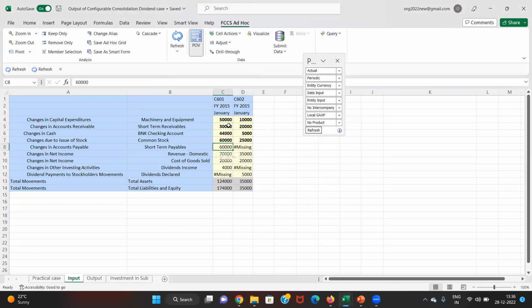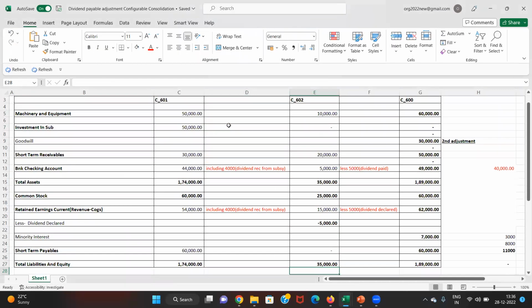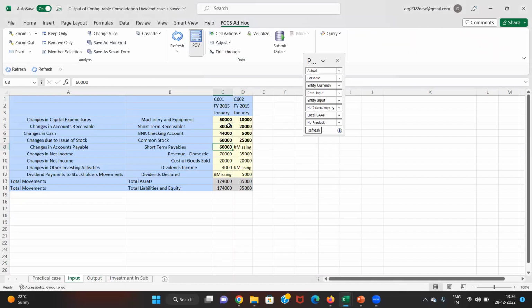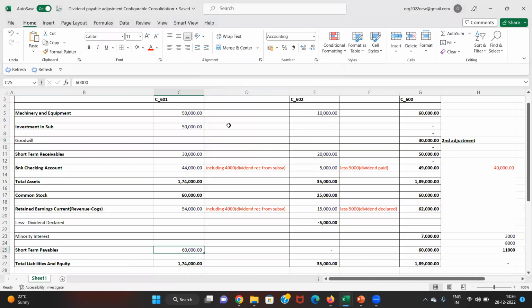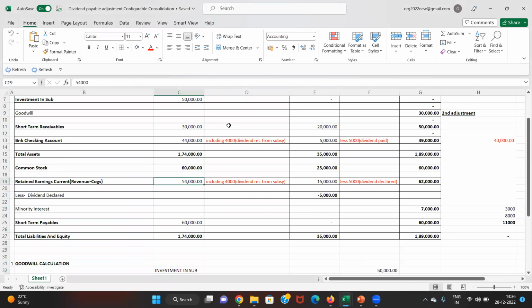Then there should be a short-term payable of 60,000 in the holding. Here is the short-term payable. Then there should be retained earnings of 50,000 plus 4,000, which is the dividend income that we have. So 70 minus 20 is 50, 50 plus 4 is 54. So 54 should be our retained earnings under the case of holding.